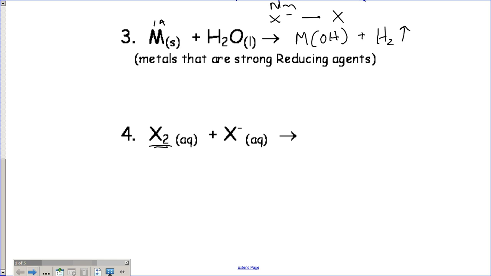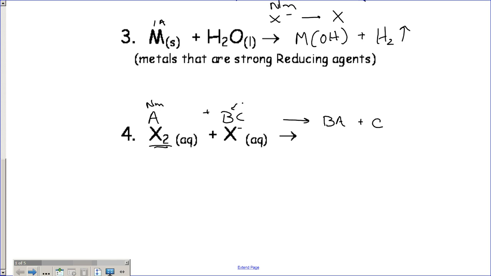So if we were using our general form here, A, where A is a nonmetal, plus BC yields BA plus C, where you'd have that non-metal bonding to the metal in this compound.